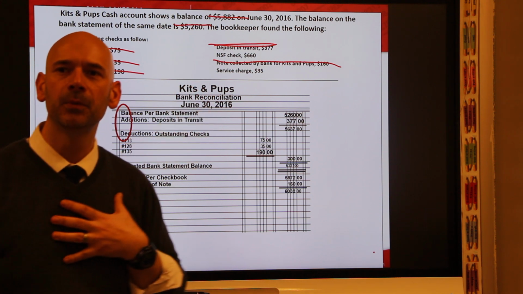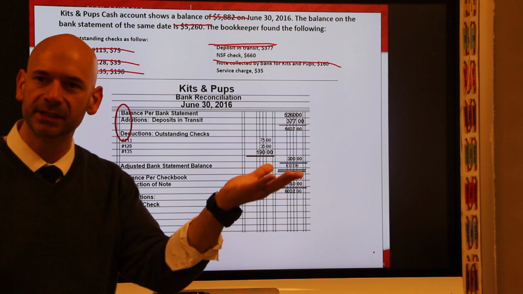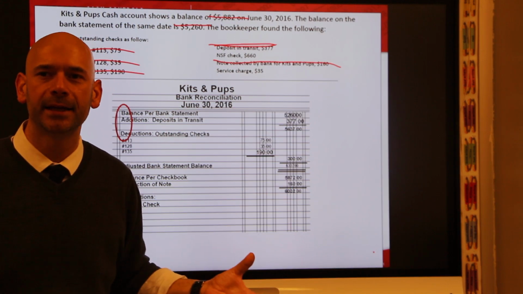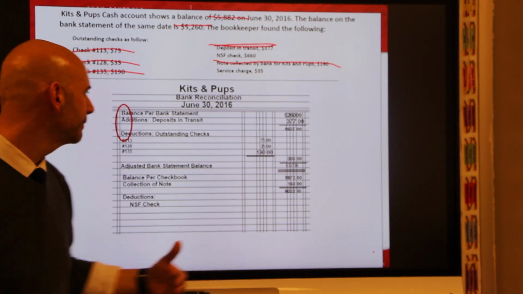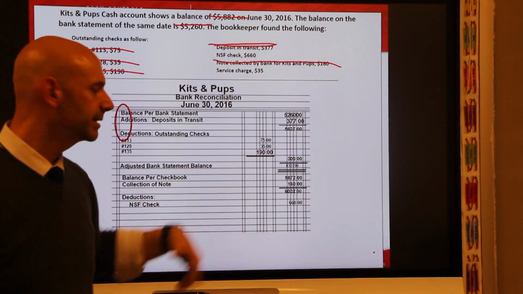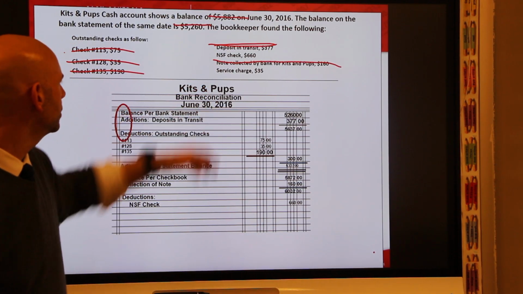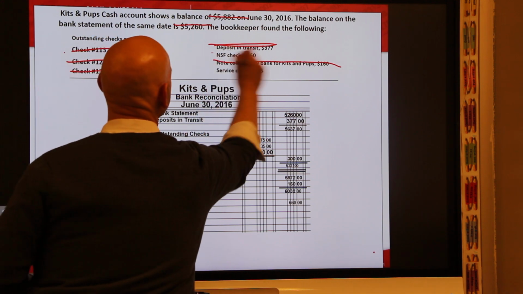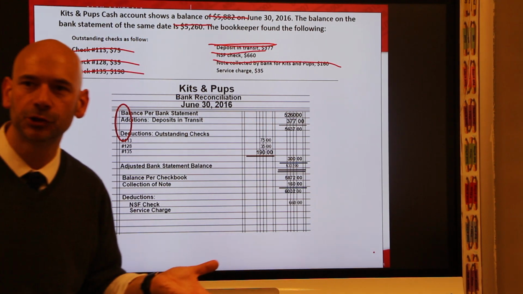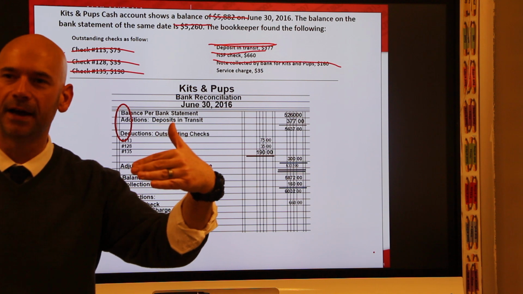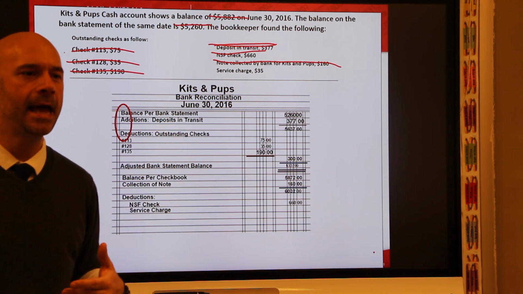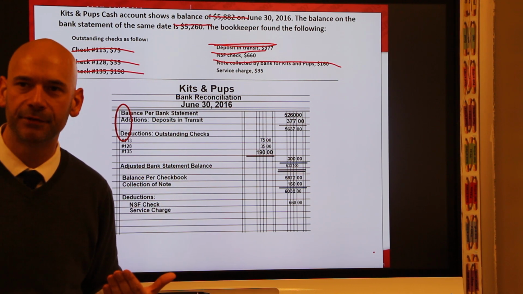So our checkbook is showing that we're receiving $660, but we're never going to get that money. So we have to reduce it by the $660. That's a deduction. The next one that we have is a service charge. The service charge was the amount that the bank charged us at the end of the month. You see it comes out, $35 would come out of your account, and that would reduce the balance you have in your bank account.